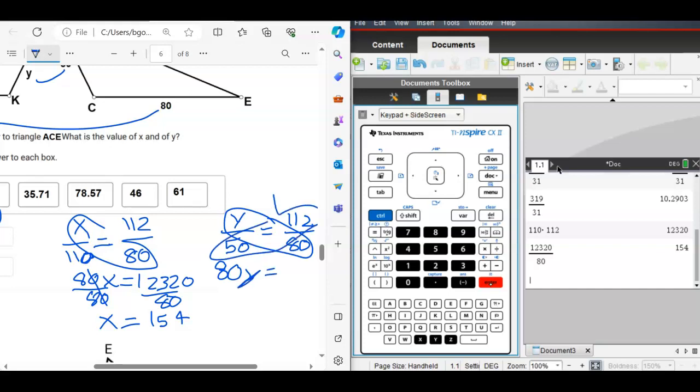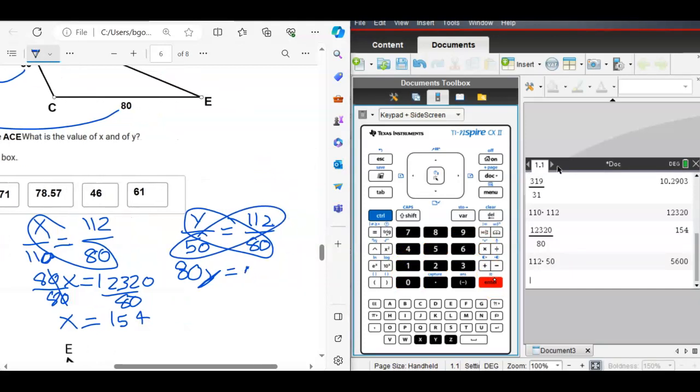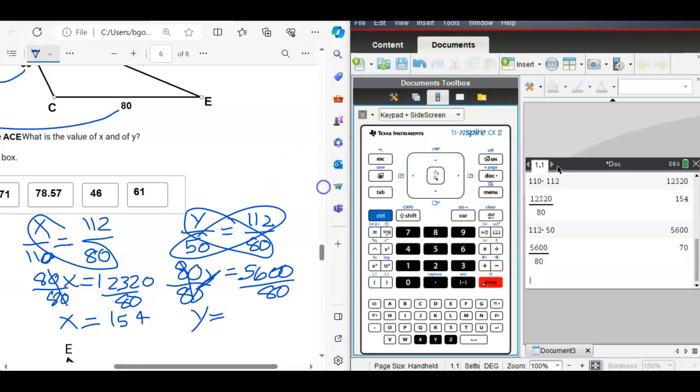And what's 112 times 50? 5,600. Wow. Okay. And then divide by 80. And I end up getting 70.